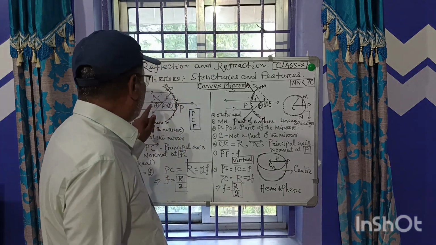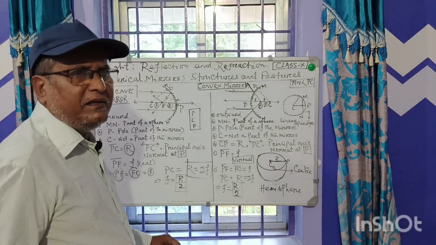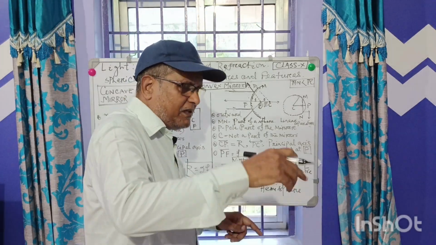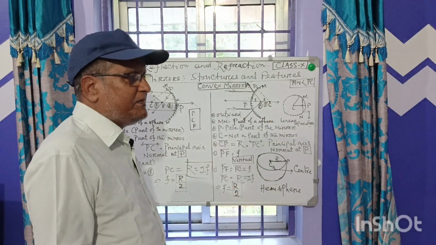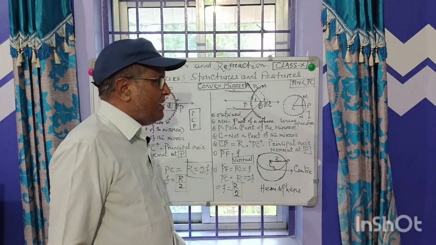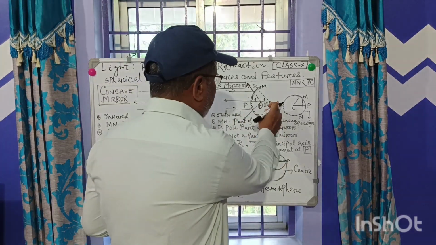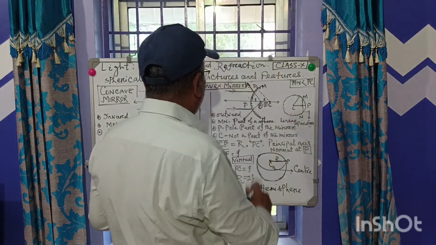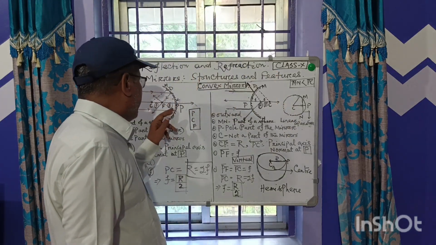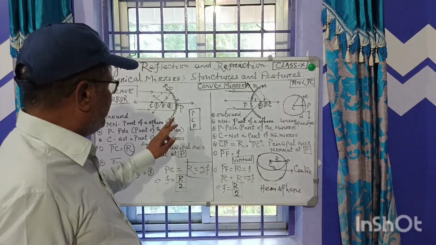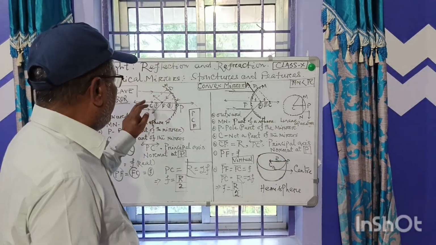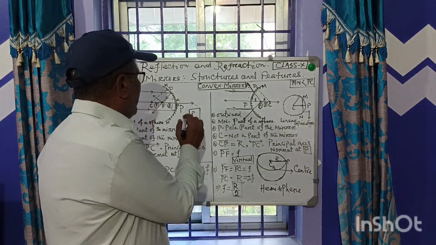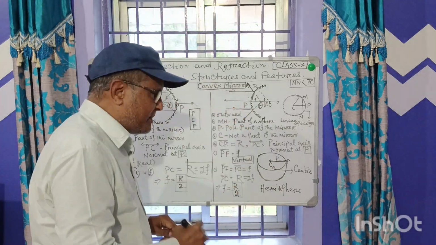Now you see, C is inside the sphere. So C is not a part of the mirror in both the cases. But here C is behind the mirror, and here C is in front of the mirror. So the distance PC is called the radius of curvature.